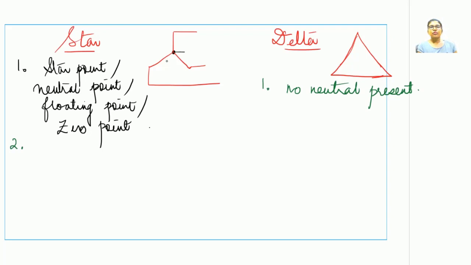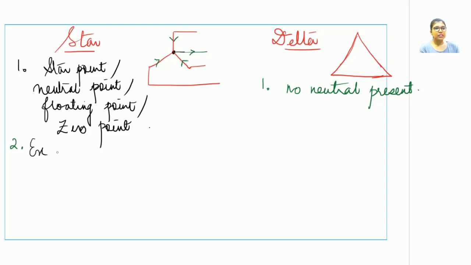Now what is the advantage of having a neutral in a connection? If there is an imbalance of currents in the circuit or in the phases, then this neutral provides a path for that unbalanced current to move out of the circuit.